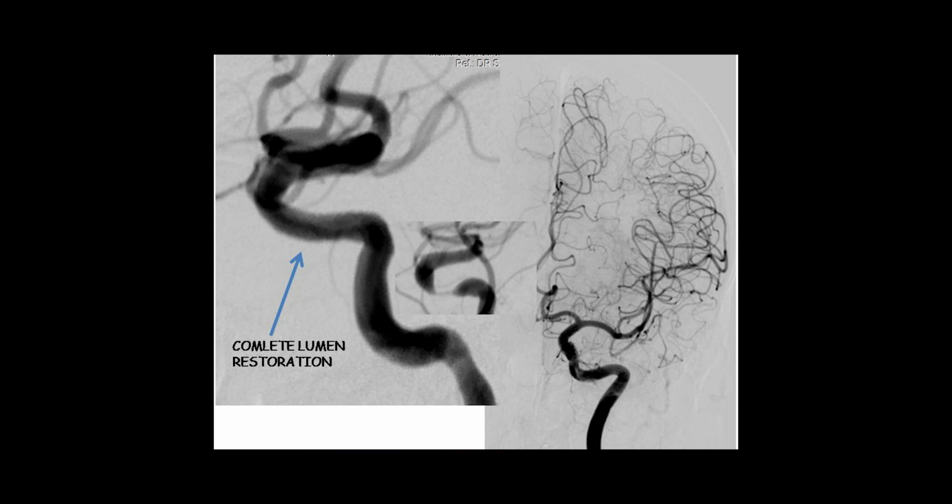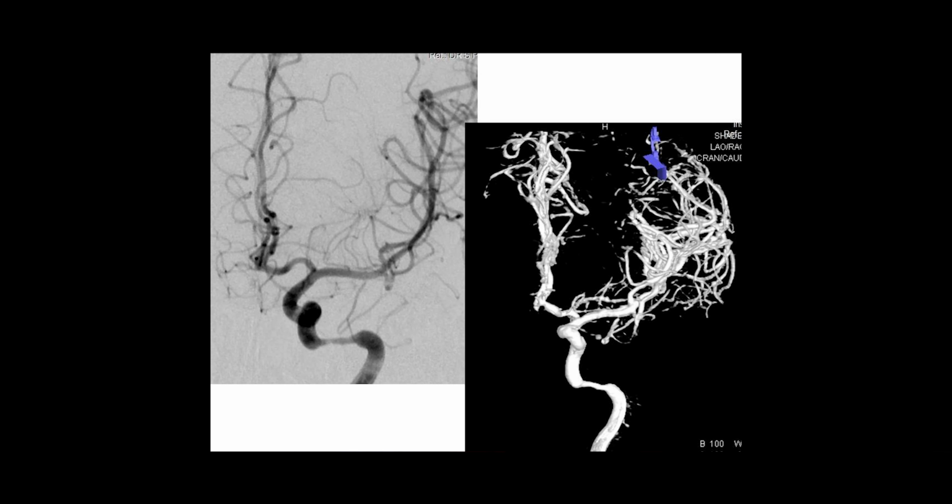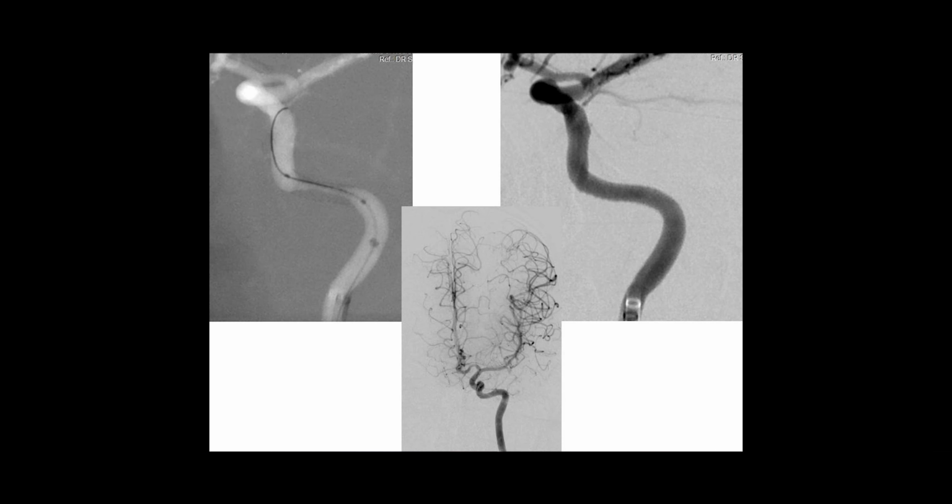And this is the condition of the vessel after stenting. I have kept the pre-stenting image in the inset, so you can compare how the vessel looks almost normal after stenting. This is another example, a long lesion, and this is how the stent is put.